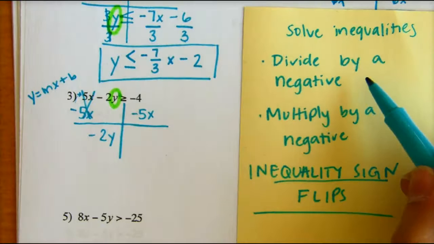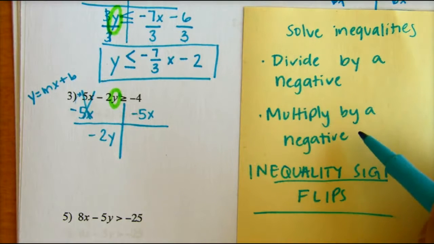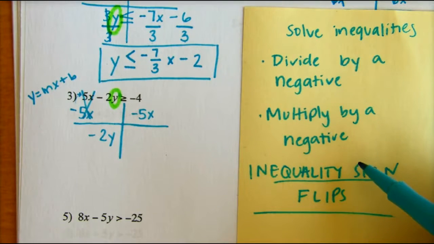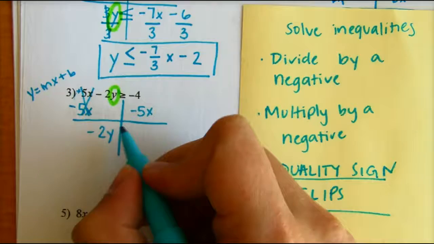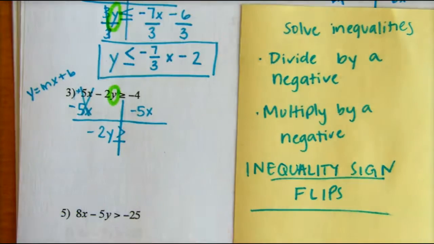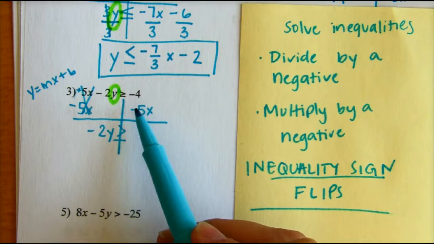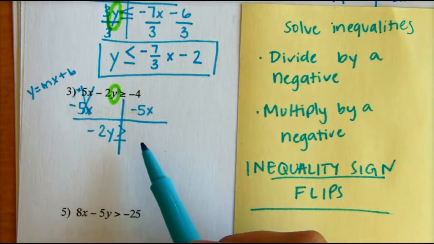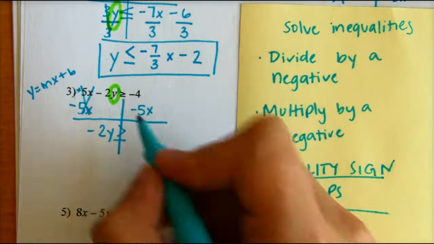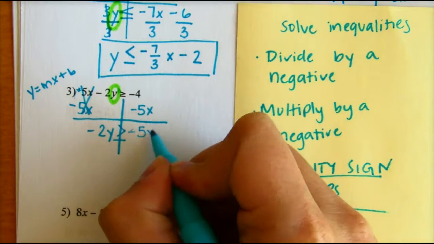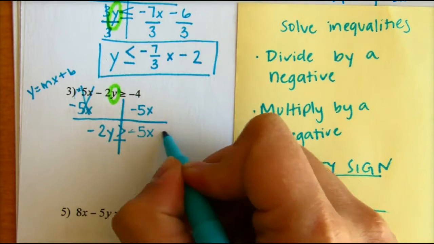I did not divide by a negative number. I did not multiply by a negative number, so my inequality sign stays the same. So it's still going to be greater than or equal to. These 2 terms are not like terms, so I'm going to write them out just like they are. I've got a negative 5x, and I've got a negative 4.